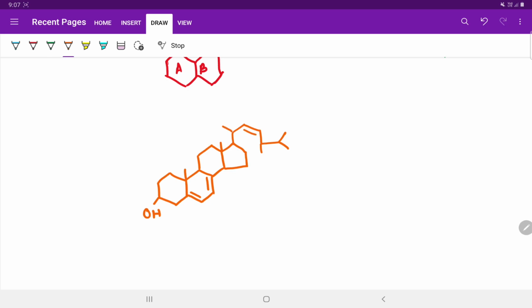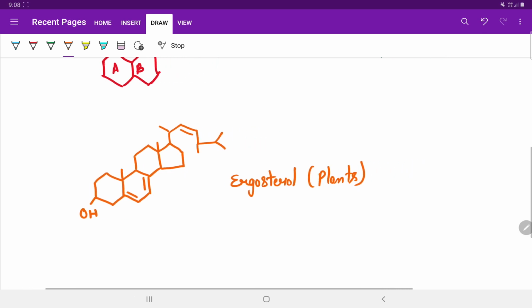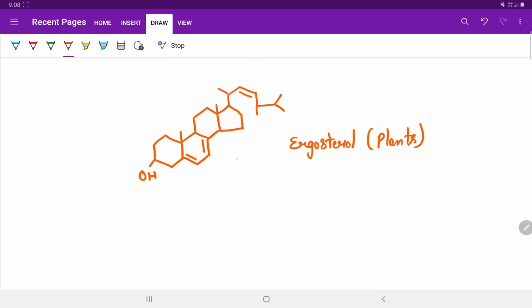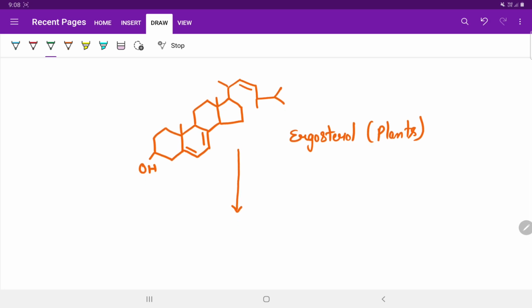So students, this is the structure for ergosterol in plants. This is mainly found in plants, and in animals it is found in the form of cholecalciferol. The structure of cholecalciferol we shall be drawing later on. So ergosterol will be converted into ergocalciferol. Just see the changes in the structure. There will be the opening of the B ring here. It will be opened up.